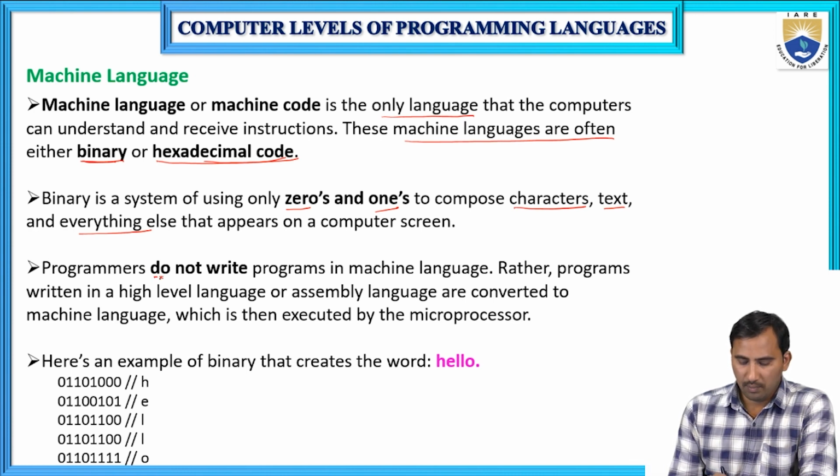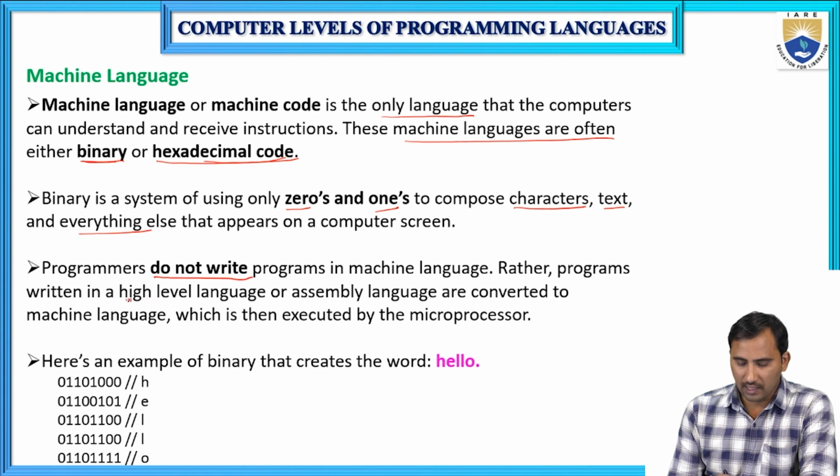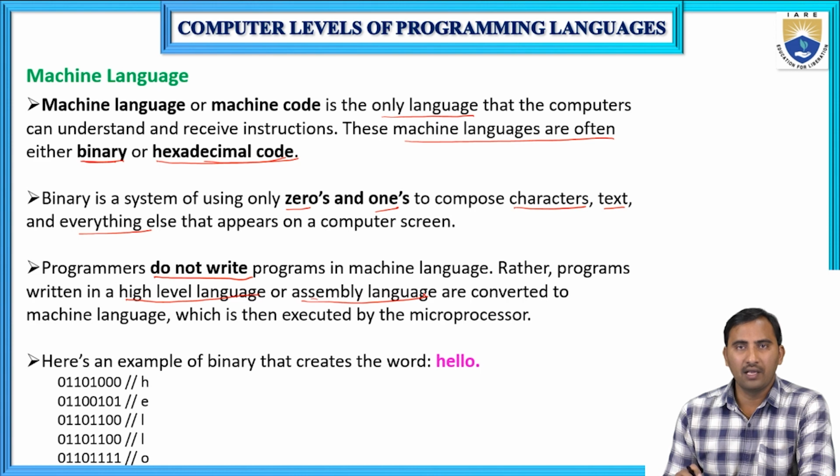Programmers do not write programs in machine language, because writing and reading machine language is very difficult. So programs are written in a high level language or assembly language, which are very easy to read and write.